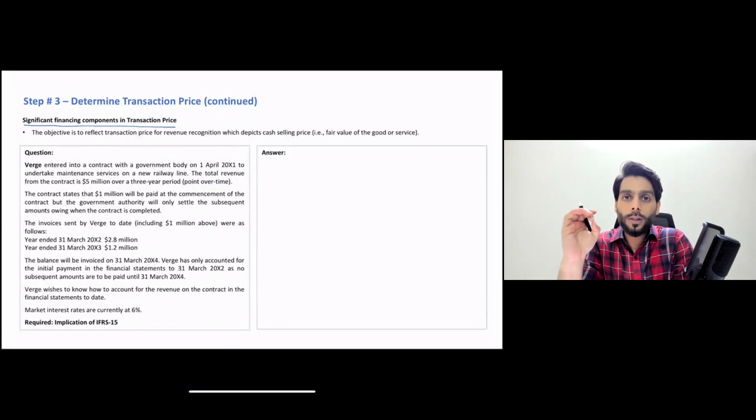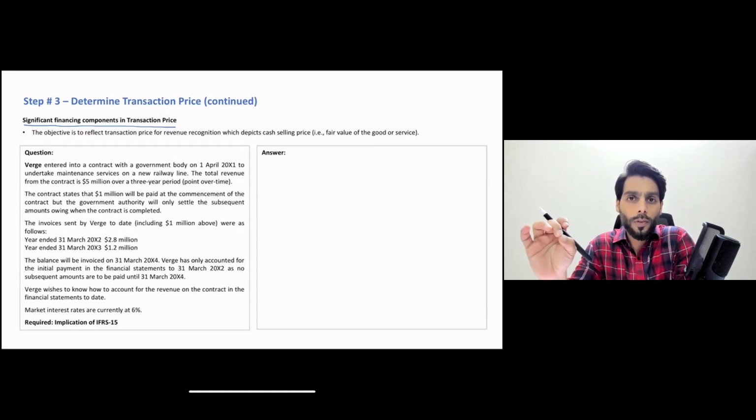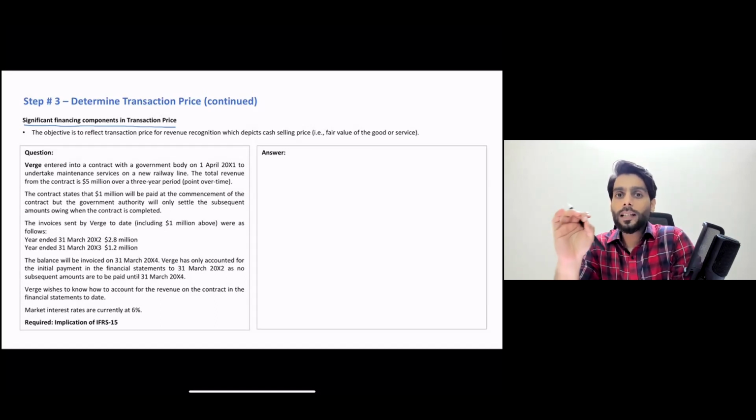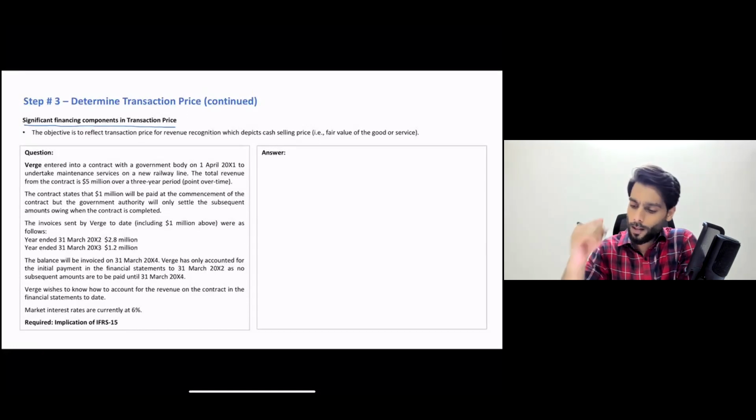Before I even start to explain what this is all about, just consider this fact. Nothing in this world is for free. So if you enter into a contract with your customer on some unreasonable credit terms or payment terms, definitely there would be an impact on the price.